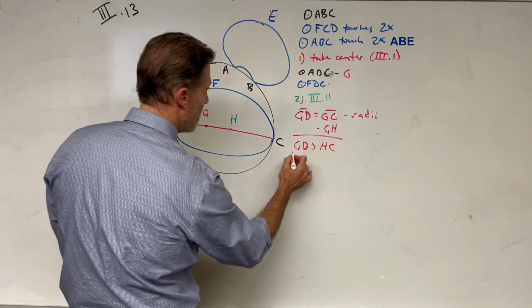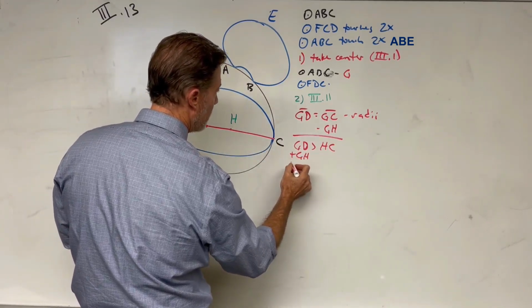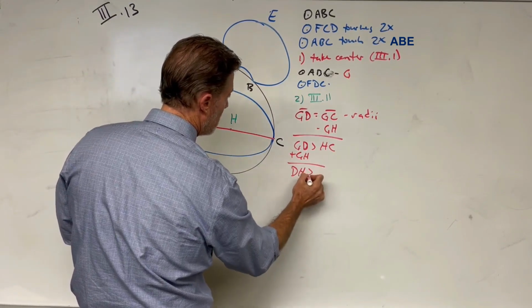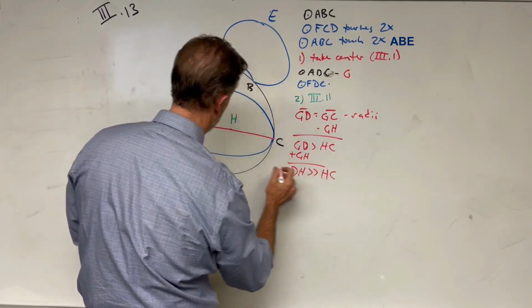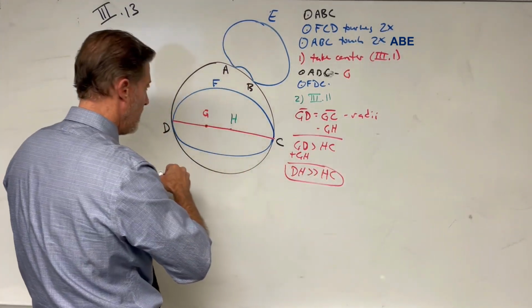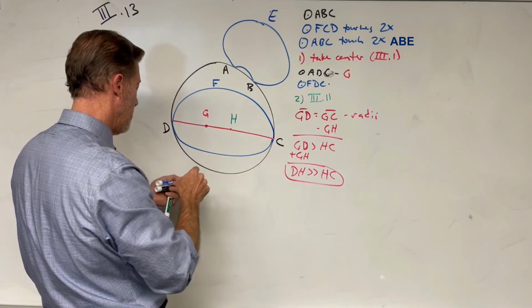And then if we added GH back to this side, what remained there, DH, would be much, much greater than HC. So let's hold on to that for a second. That's what we get by looking at the black circle.